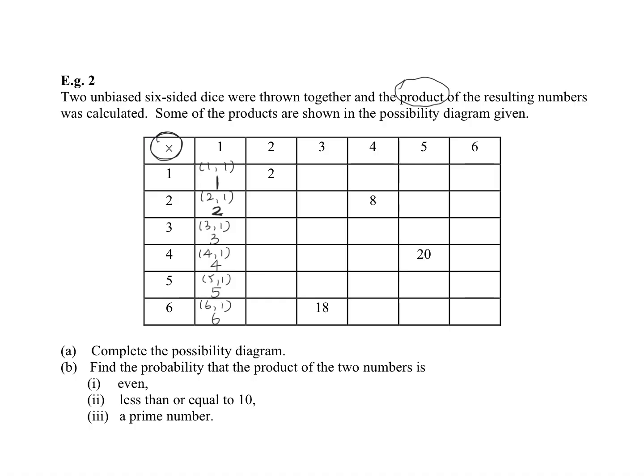Okay, some of you may ask me, can I not write the coordinates? It's better to write because sometimes the question will ask you about one of the numbers. So it's better to write so that you don't have to redo the whole thing again. Okay, so this one is 1, 2. 2, 2. 3, 2.